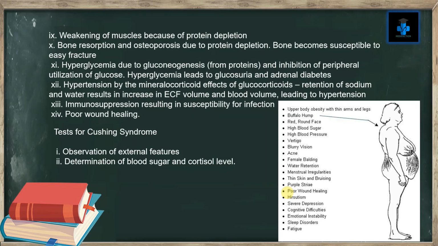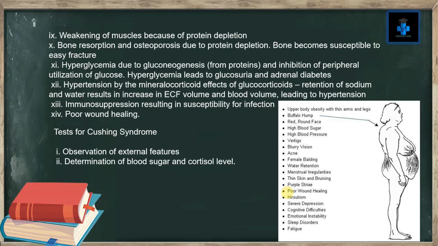13. Immunosuppression resulting in susceptibility for infection. 14. Poor wound healing. Now let's check the test for Cushing syndrome. Number 1 is nothing but observation of morphology or external features.